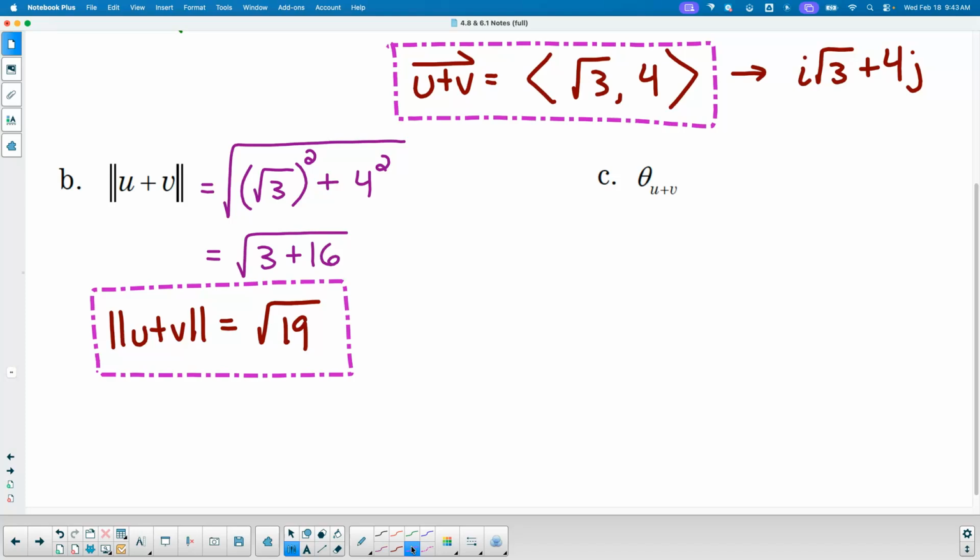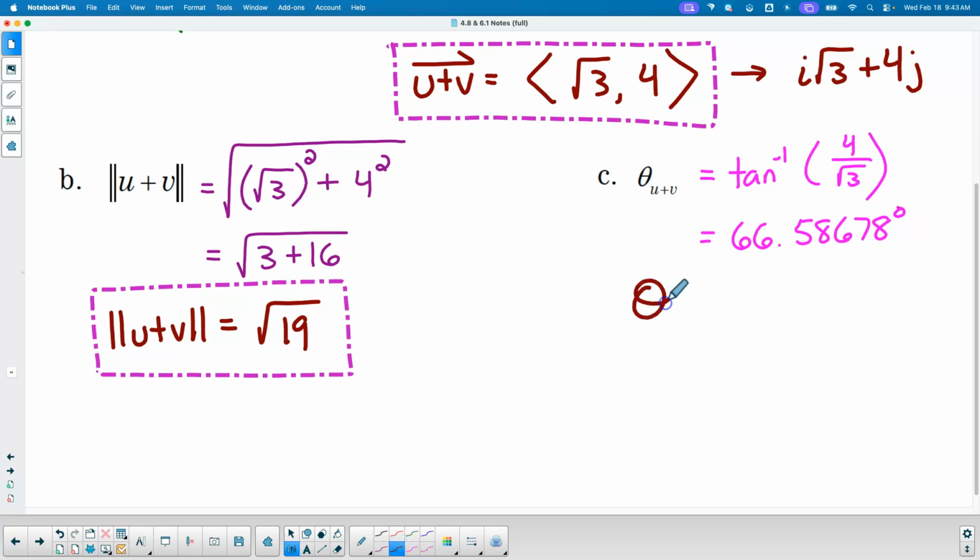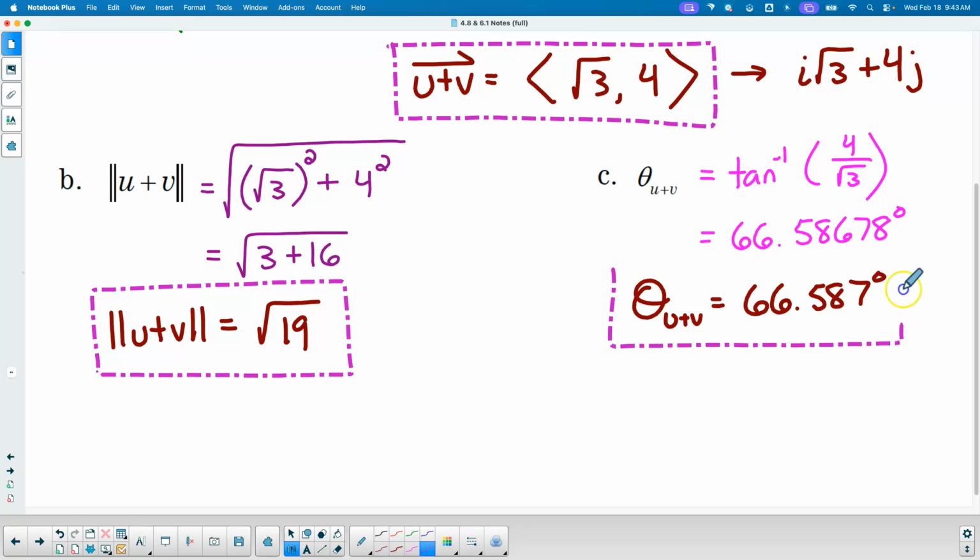So this is just straight up the inverse tangent of 4 divided by the square root of 3, which is 66.58678 degrees. Agreed? Questions on that one?